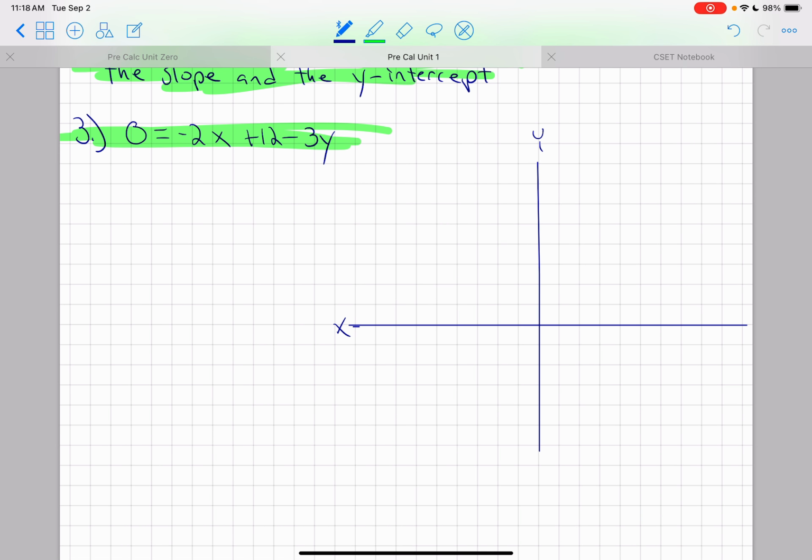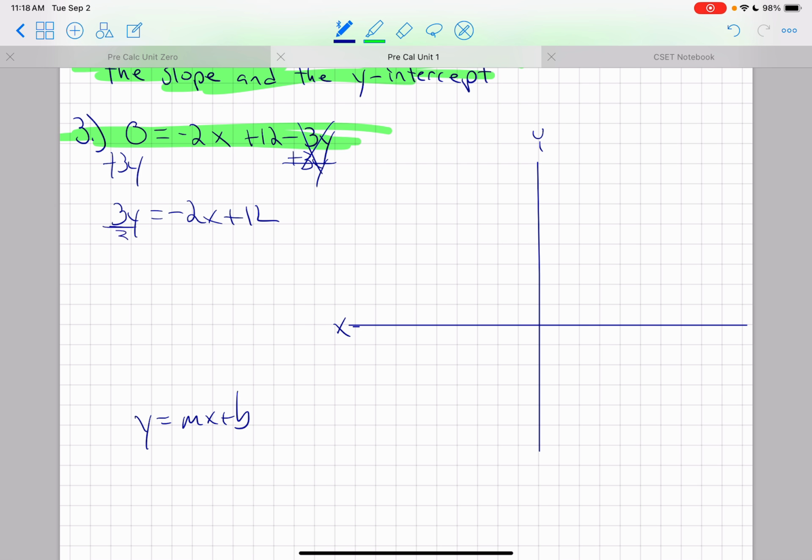So I know I got to get into y equals mx plus b form. So I'm going to start to adjust this. I don't want the y's over here, so I'm going to say plus 3y, plus 3y. So now I'm left with 3y equals negative 2x plus 12. Ooh, this is starting to look pretty good. I don't want to know what 3y is, though.